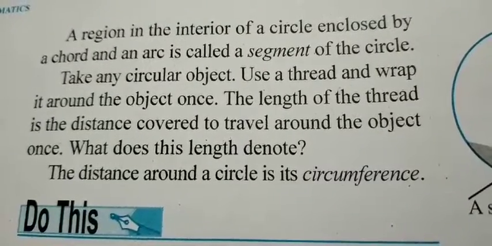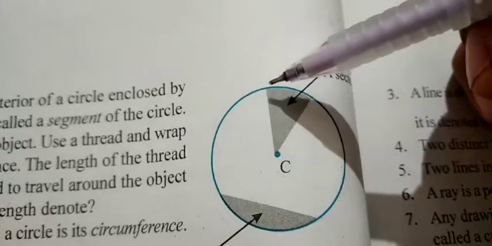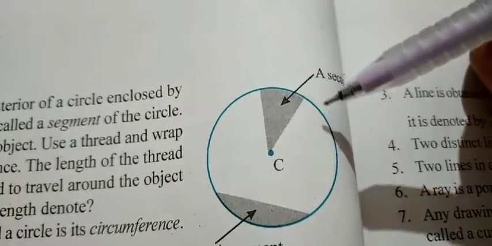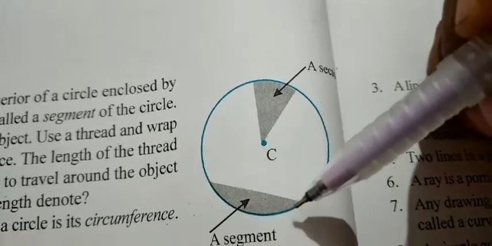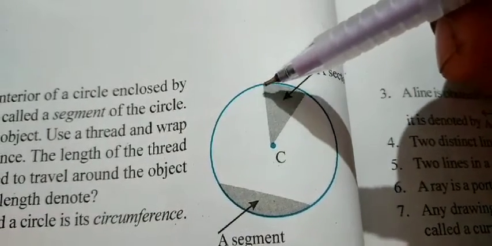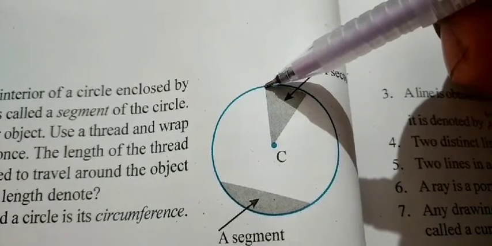Length of the circle or the distance around a circle is its circumference. अगर हम यहाँ से शुरू करते हैं, length of the circle means what? From here we start our journey on the boundary of the circle, and then we come back to that same starting point, that is considered the circumference of the circle.